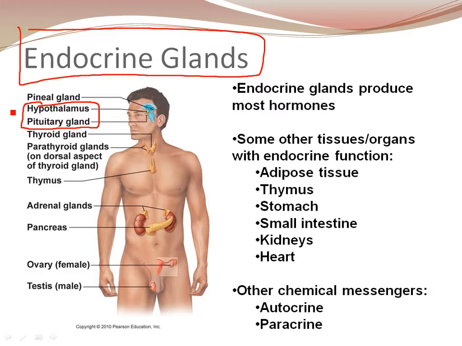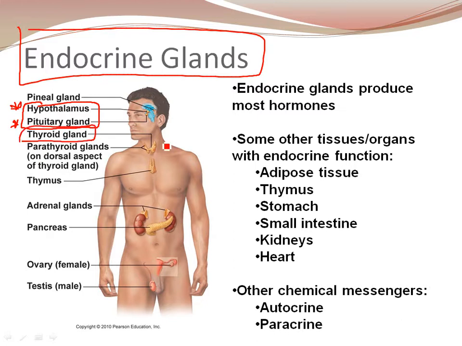Okay, and hopefully you remember that the hypothalamus is located on the inferior medial portion of the brain. It's actually nervous tissue, but it has endocrine function as well. The pituitary gland, the little bean-shaped organ that's located right there, very close to the hypothalamus, incredibly important endocrine gland. You will spend quite a bit of time discussing its functions.